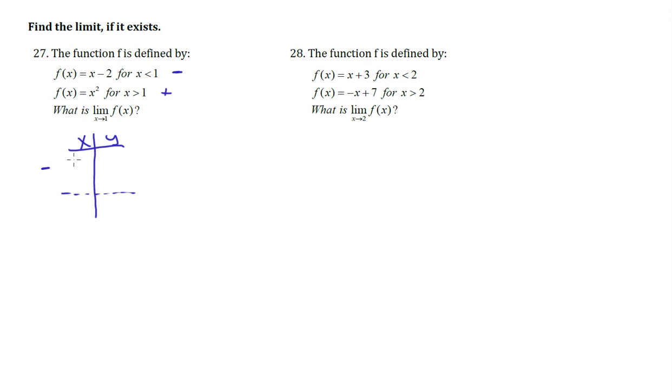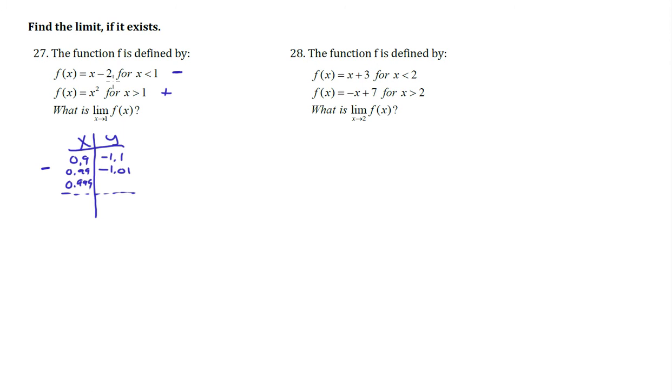So let's do, if it's less than 1, that's going to be 0.9, 0.99, and 0.999. Okay, so if we plug in 0.9, 0.9 minus 2 is going to give us negative 1.1. 0.99 minus 2 is going to give us negative 1.01.